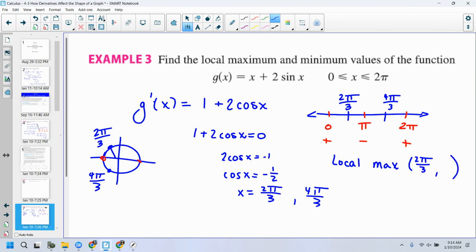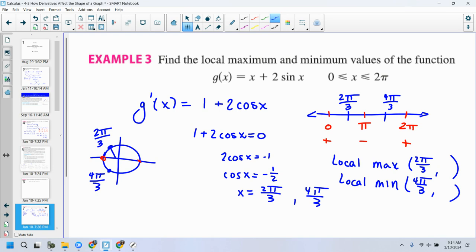And then it goes decrease to increase. Local minimum at 4 pi over 3, comma something. And now to figure out where that occurs, we would just run it back into my original.